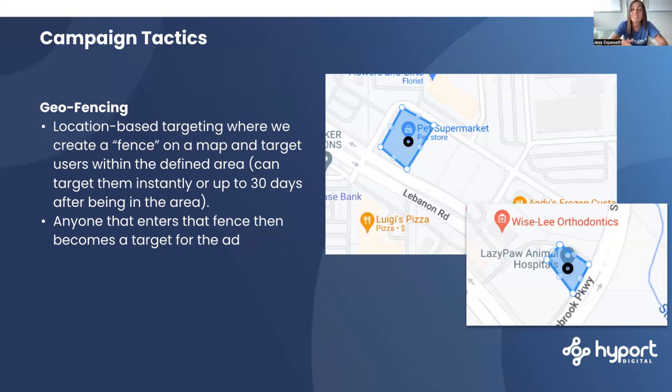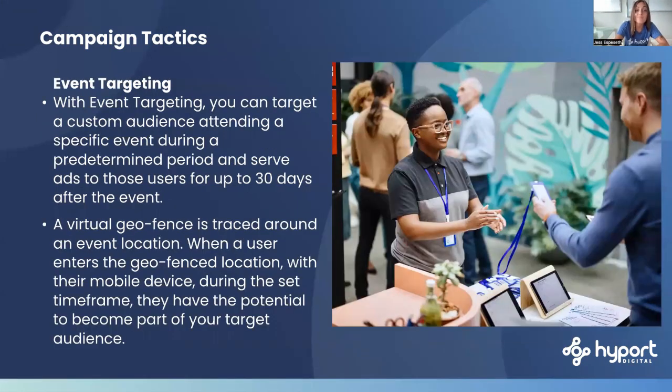So this geofencing tactic would be a great avenue for them to consider because it gives them the ability to start to collect user device information for people frequenting those geofenced areas, and then they are able to serve their ad to those users at a later date or instantly.